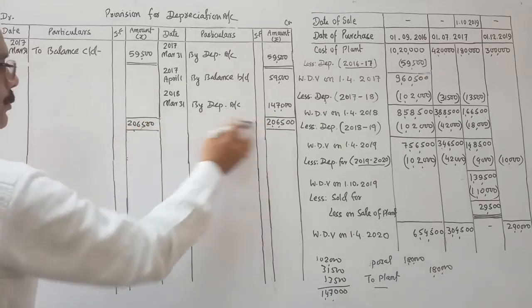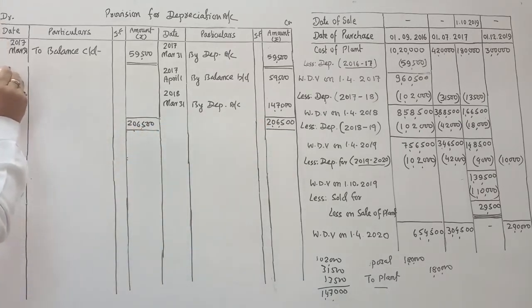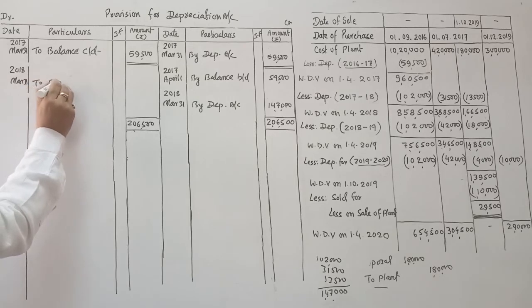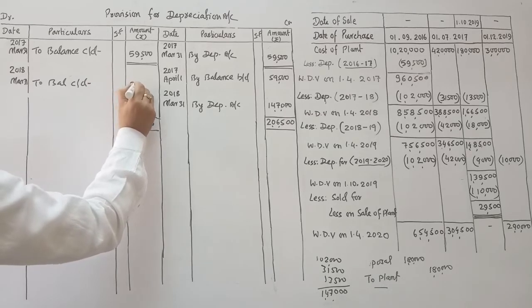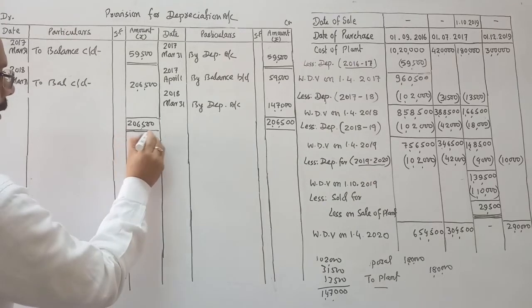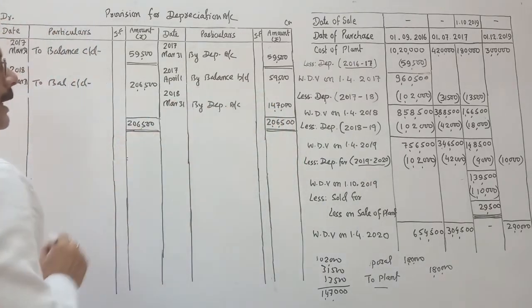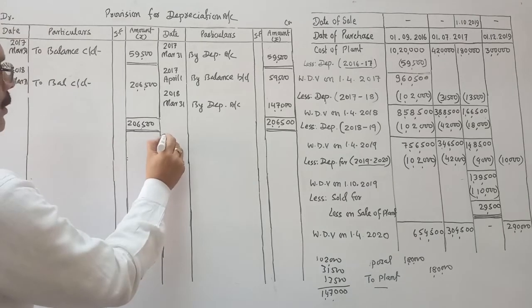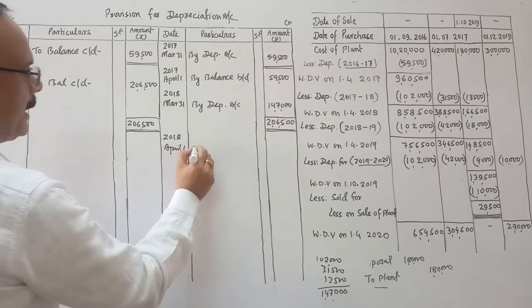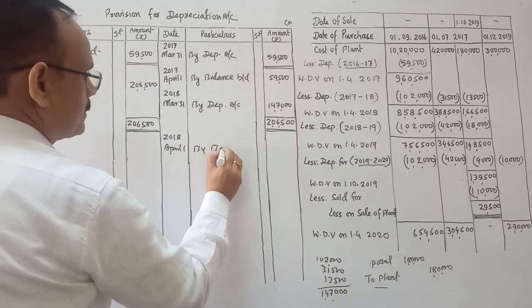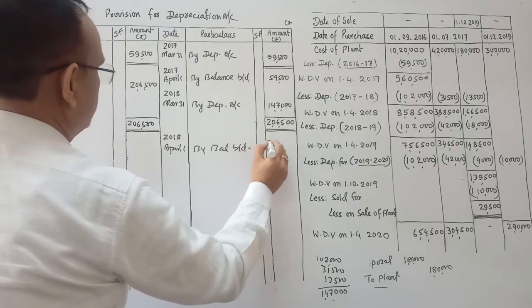I am going to write the same total over here, and the difference amount will be the balance on March 31st, to balance carried down, 2,06,500. So this financial year is completed. This balance will be brought down in the next financial year on the first date, April 1st 2018, by balance brought down.